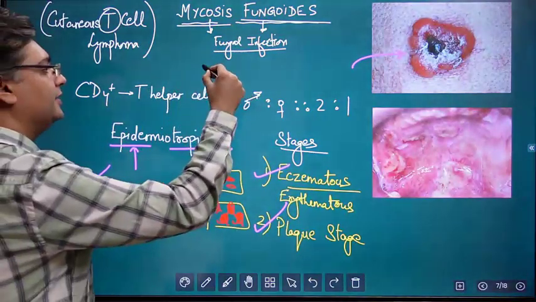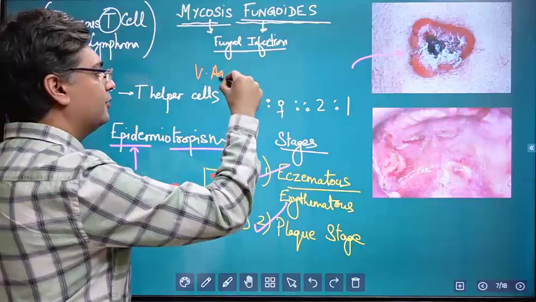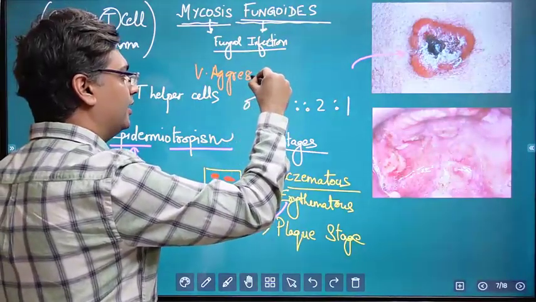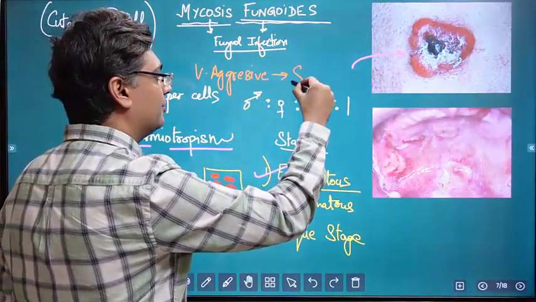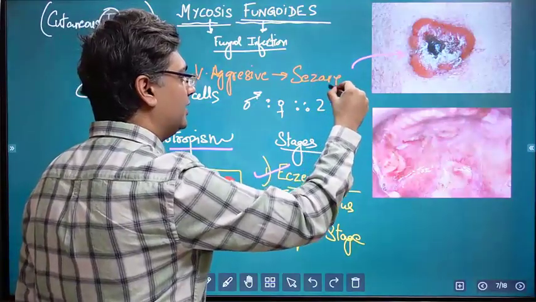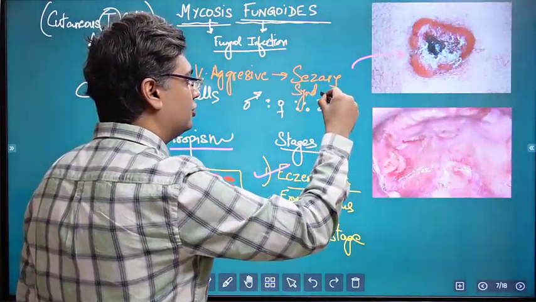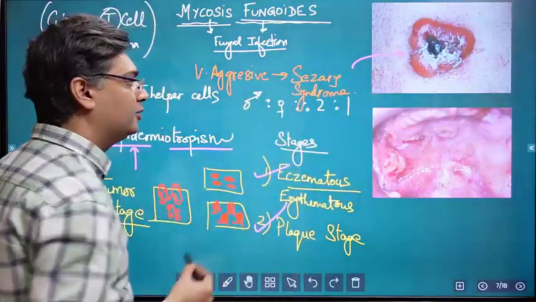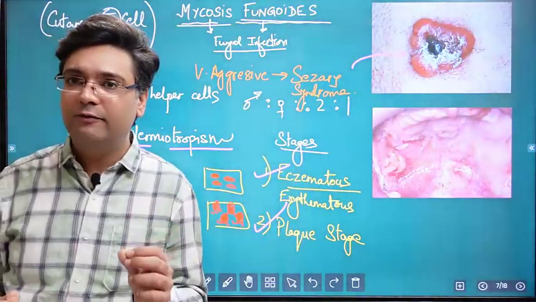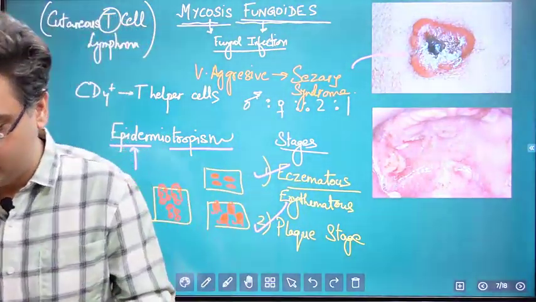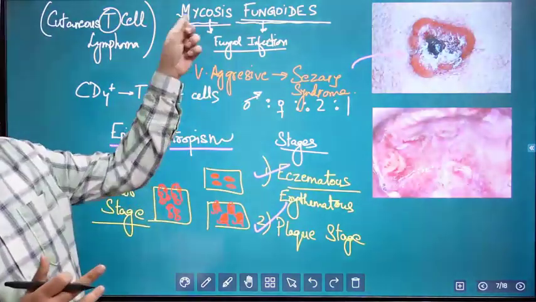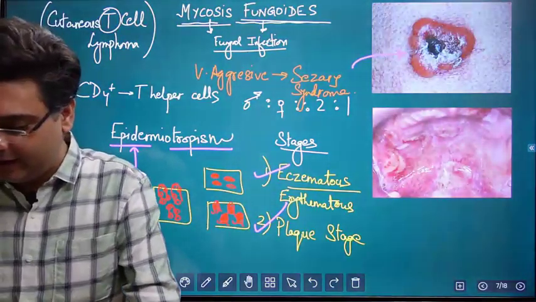Whenever we have this very aggressive growth of this lesion, then this is called Sézary syndrome. Okay, so we should not confuse the abnormal Sézary syndrome with the normal mycosis fungoides.